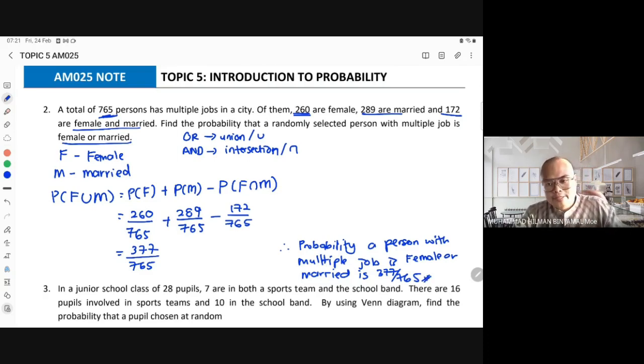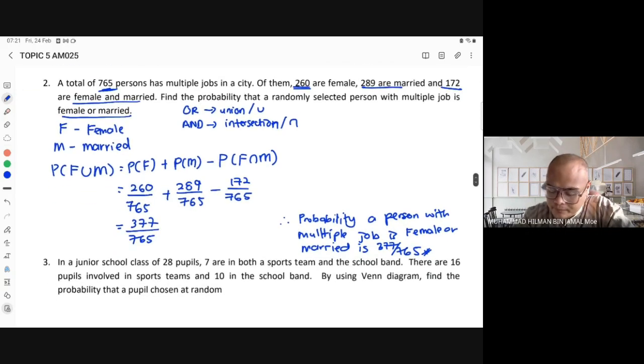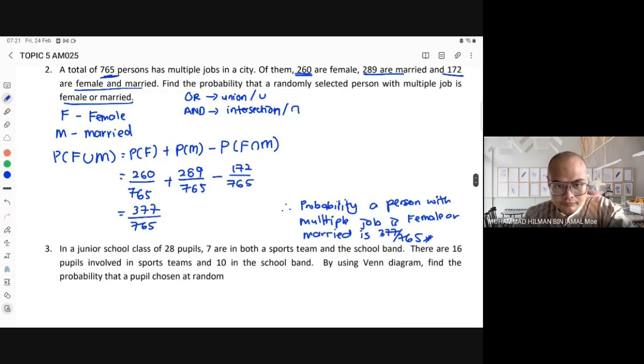Okay, so nak bagi dalam perpuluhan pun boleh, nak bagi dalam pecahan pun boleh.